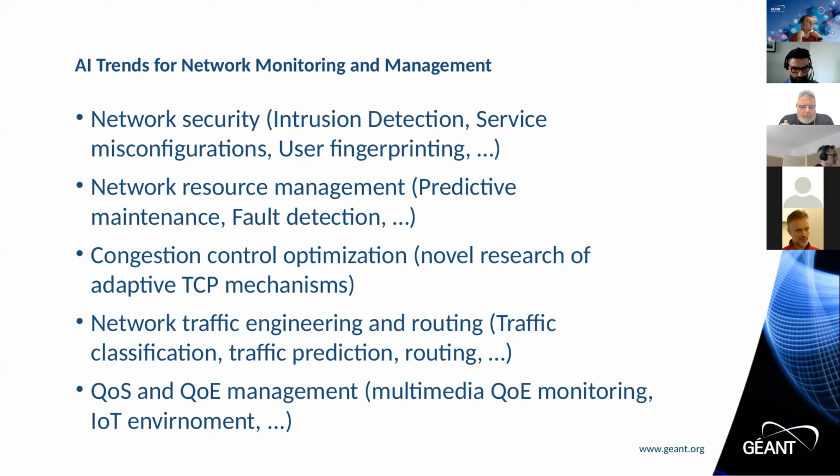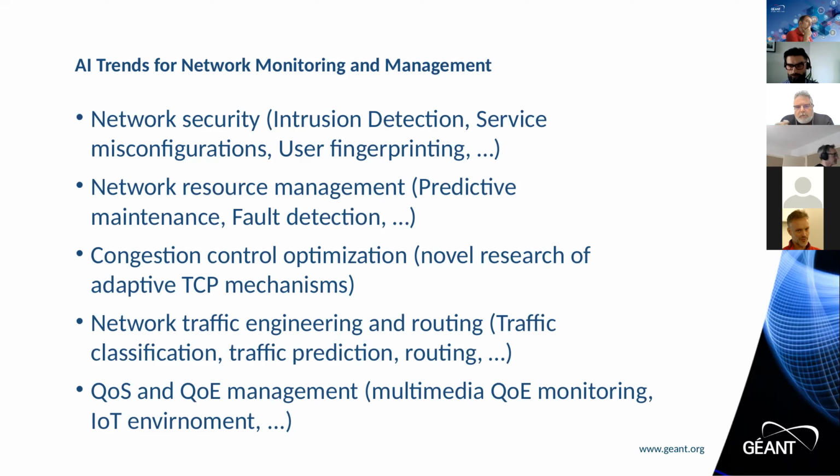Also, with the development of Internet of Things and sensors, network resource management, and generally e-maintenance, has become one of the fastest growing areas in the commercial industry overall. And in networking, there are lots of papers dealing with predictive maintenance and fault detection.